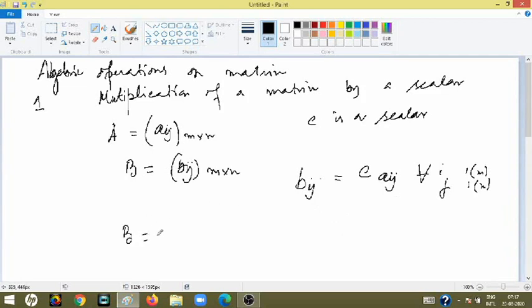Then B equal to C times A. Now this is matrix A multiplied by a scalar quantity C, and it produces B.